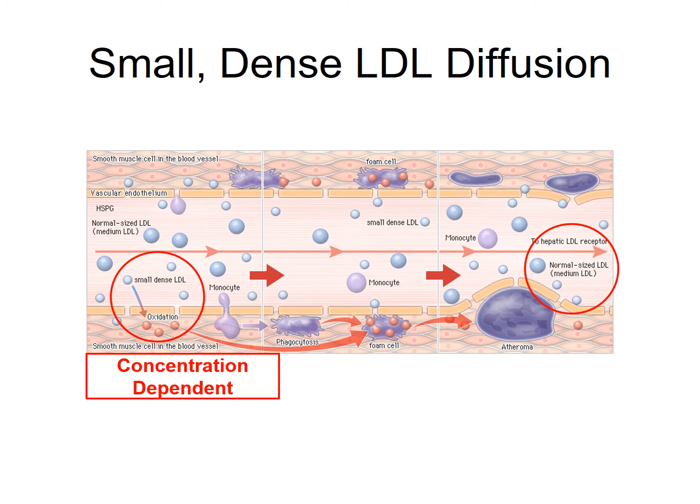Well, so do the big ones, the large ones want to too, but they're too big. And so the small ones can move through with their concentration gradient, as you're noticing, and they can get into the intima of the blood vessel.